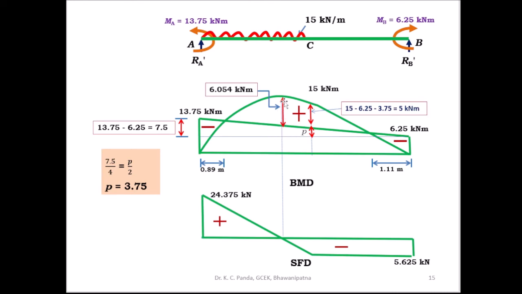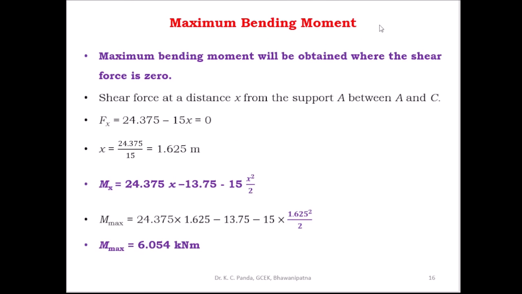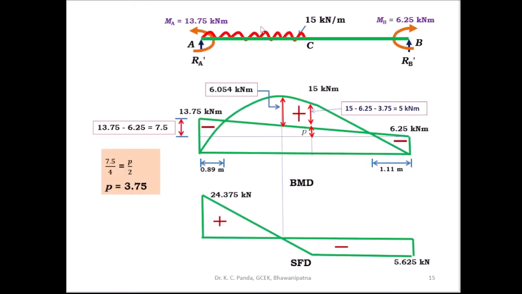Then you can find out the maximum bending moment. So where the shear force is 0, at that position you get the maximum positive bending moment. The maximum bending moment will be obtained where the shear force is 0. So first you have to find out the shear force at a distance x from the support A. Then you have to equate that shear force to 0.